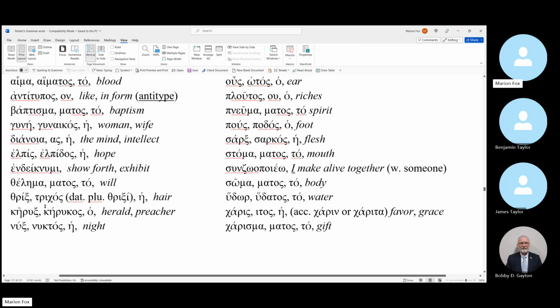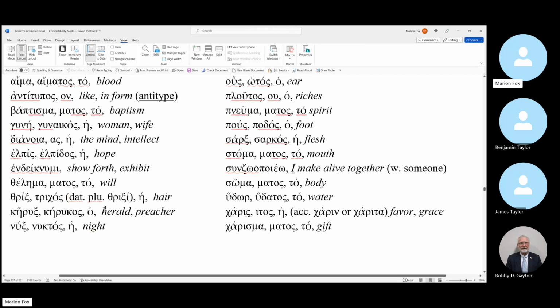Thrix, that's hair. Usually it carries the connotation of something that's been fixed up and looks good. And it's feminine gender, and of course, it'd still be feminine if it's a man's hair. Kērux, we've had that. That's the herald.